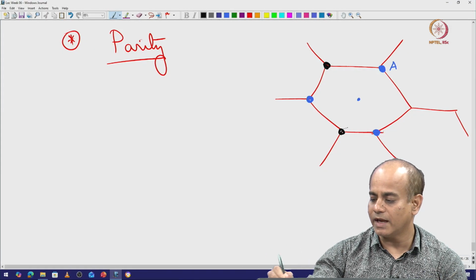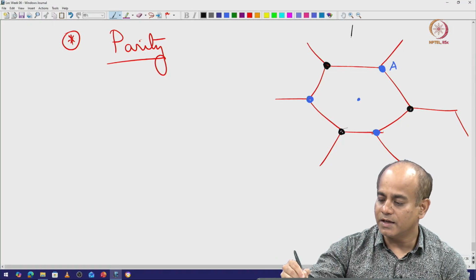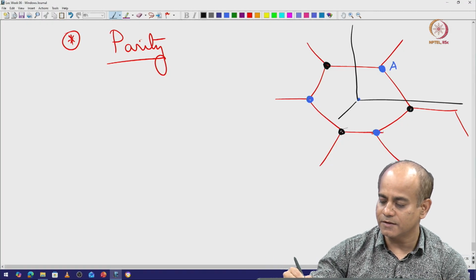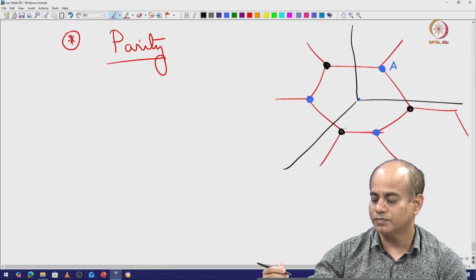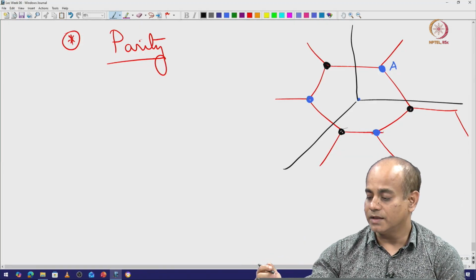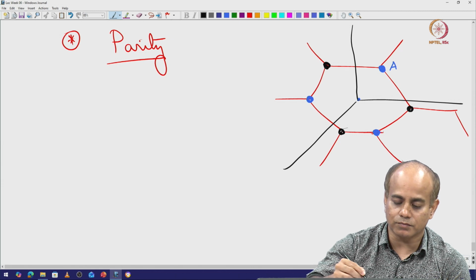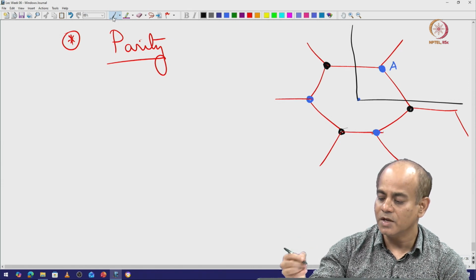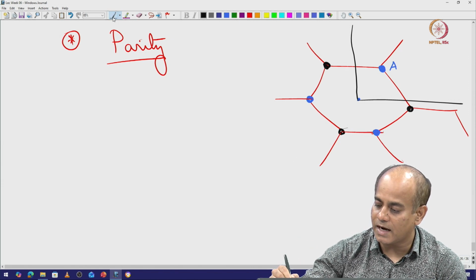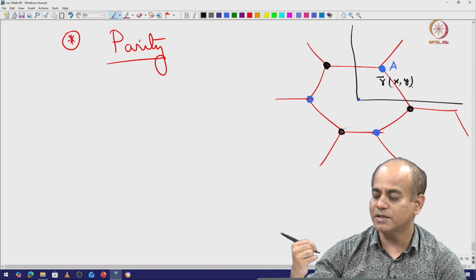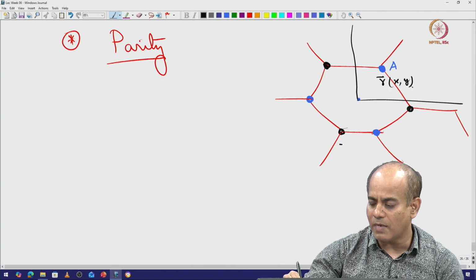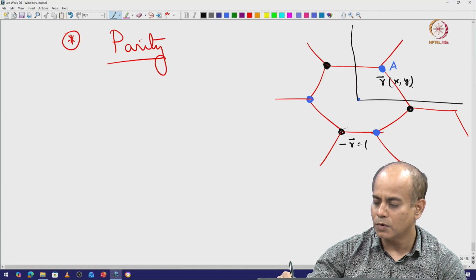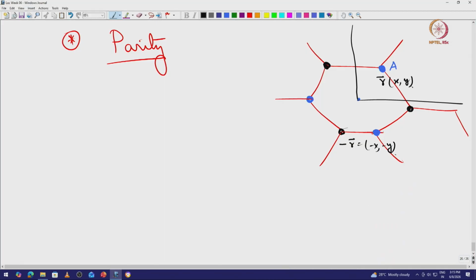So, in this case we have A and B, and if I choose a coordinate system like this in 2D, x and y. So, at point R where you have a sublattice A, if I go to minus R, and I am taking it to be minus x and minus y, we see that the basis has changed.